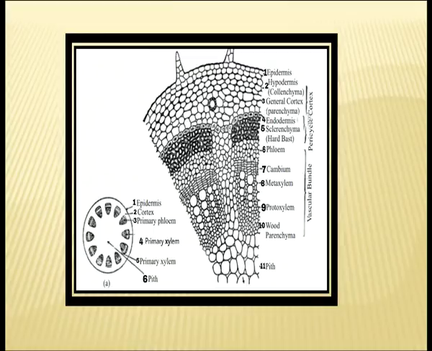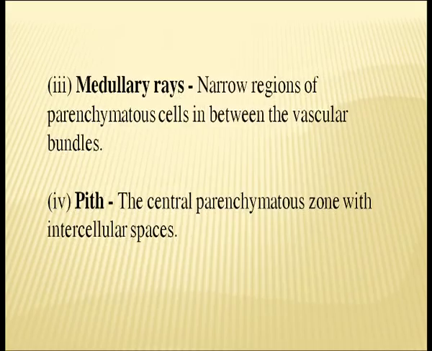So, this particular parenchymatous layer of cells between the vascular bundles is called medullary ray, all right. So, medullary rays are the narrow regions of parenchymatous cells in between the vascular bundles.